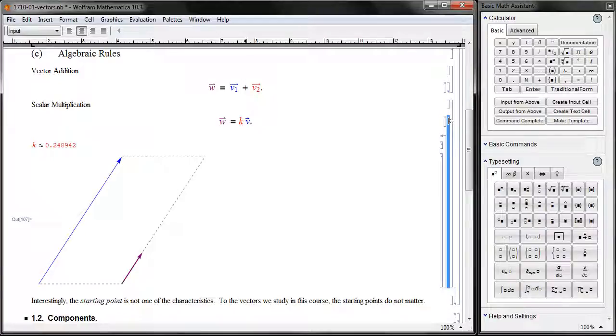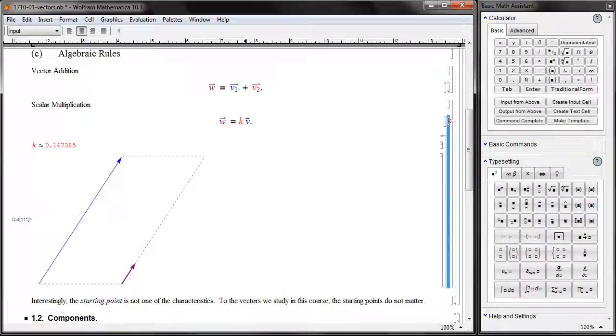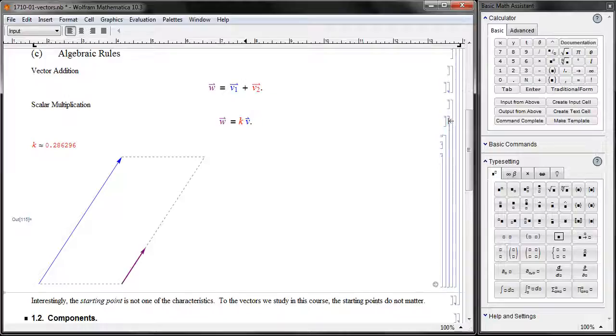This program, by the way, is randomized, so if you run it again, you're going to get a different quantity. And k is now 0.16 something, so the purple vector got even shorter because we multiplied by an even smaller real number.